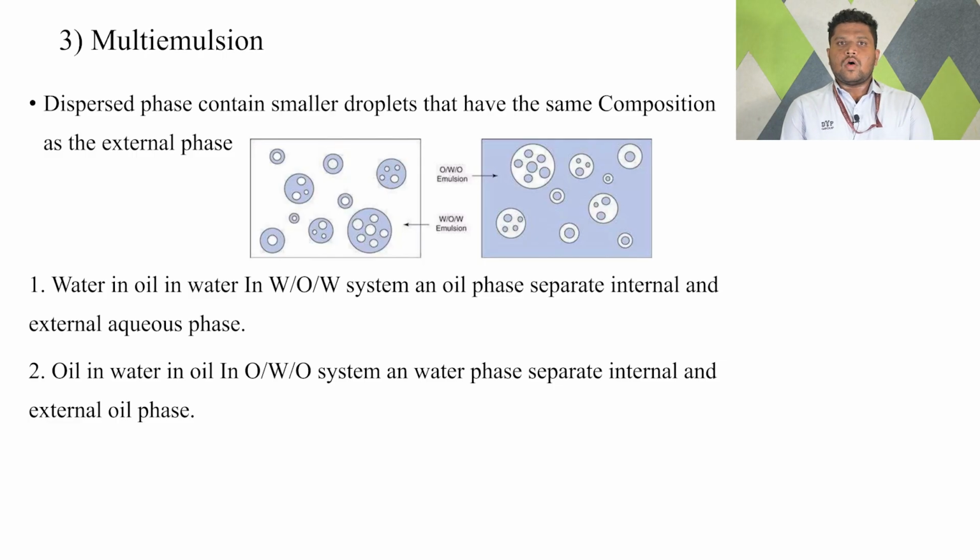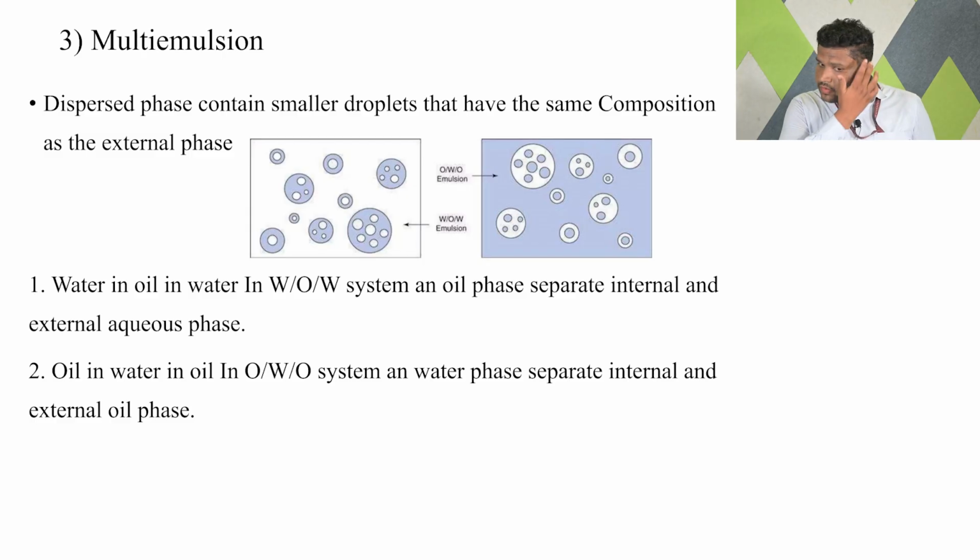One is the water in oil in water type of emulsion, and the second is the oil in water in oil type of emulsion. Firstly, clarify that the white color indicates the water and the blue color indicates the oil.